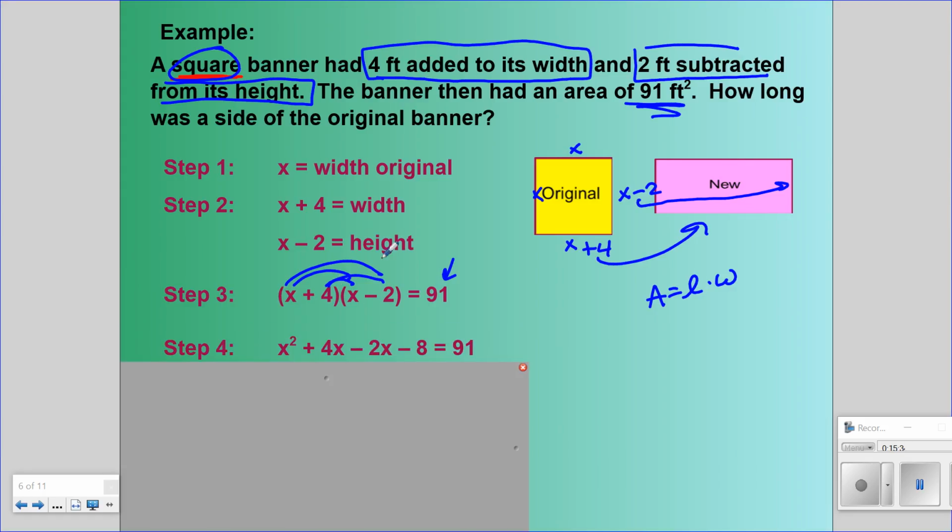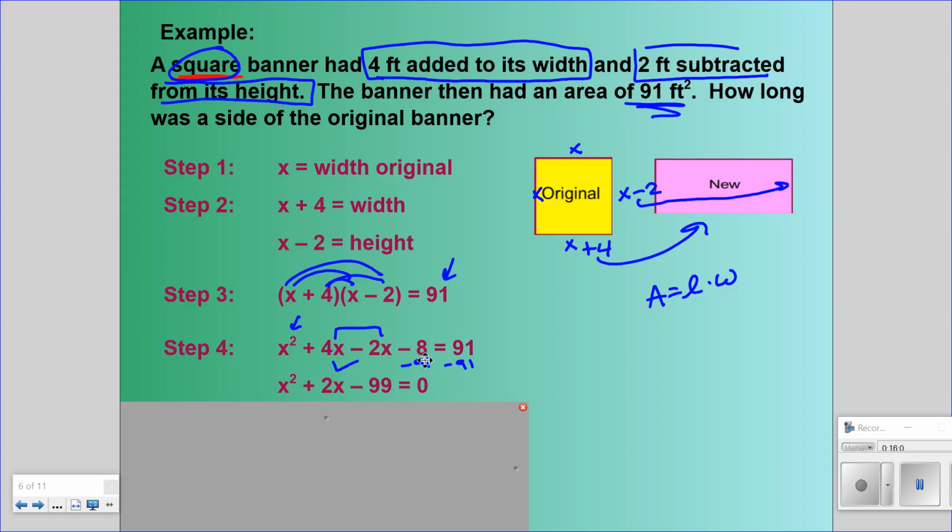So we'll get x squared minus 2x plus 4x minus 8, all equal to 91. Then, because of this higher exponent, we need to combine like terms in the middle and then set equal to 0. So here 4x minus 2x is 2x. And then we subtracted 91 from both sides, so a negative 8 minus 91 is how we get that minus 99 on the left.